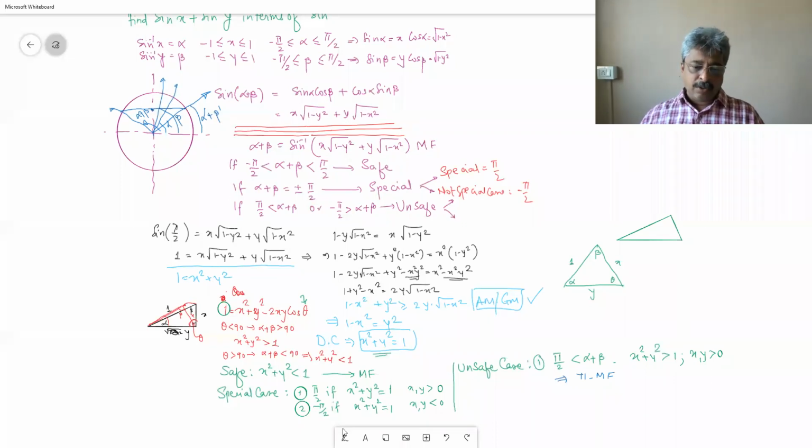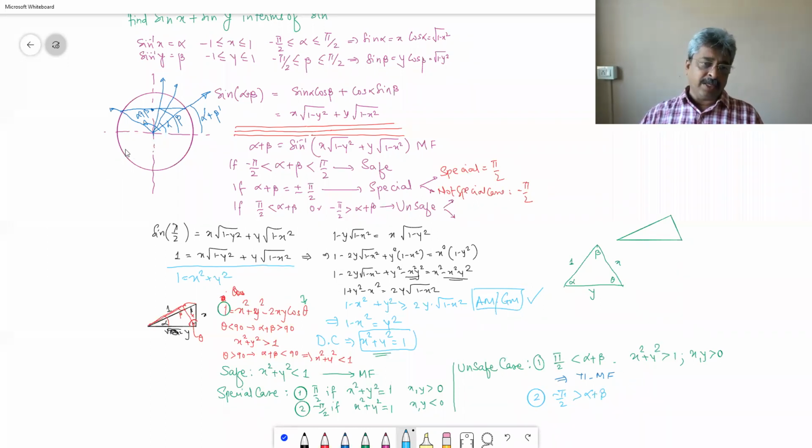Okay, let us look at the second case, unsafe, and second case. Minus pi by 2 is greater than alpha plus beta. So you are ending up being here. So two angles are such that one ray is here, another ray is here. The resultant ray goes somewhere else. This is your alpha.